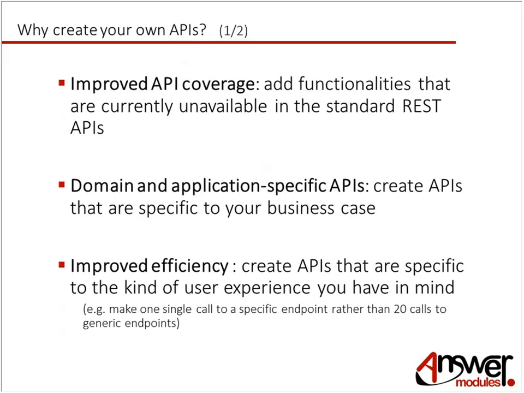And there's no way that we can think that in the very near future, the standard REST APIs cover all of the functionalities. So if you start using them, you could find that you need something that is not currently there. And in that case, you could either wait for it to be made available, or you could prefer to move on and create it by yourself.